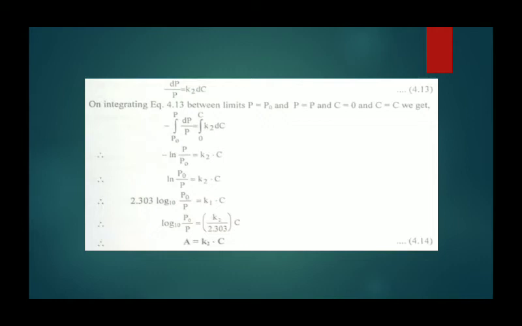So it becomes 2.303 log to the base 10 P0 upon P is equal to K2 into C. In the same way, rearranging this equation, it becomes log to the base 10 P0 upon P is equal to K2 upon 2.303 into C. But log to the base 10 P0 upon P is the absorbance.